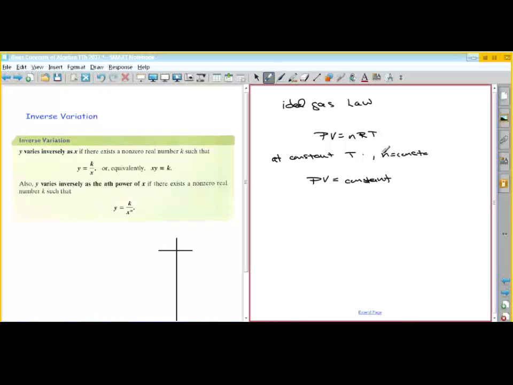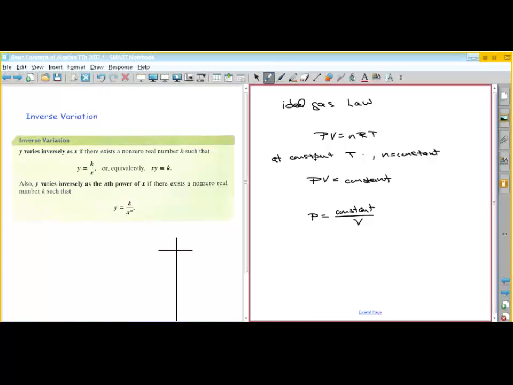Constant T, N equals a constant, meaning I have the same amount of gas. So you have gas at constant temperature with the number of moles, PV is equal to a constant. Well, that's exactly what this is. Or you'd have P is equal to some constant divided by V. So, the case of a constant temperature ideal gas, that is an inverse relationship between pressure and volume.